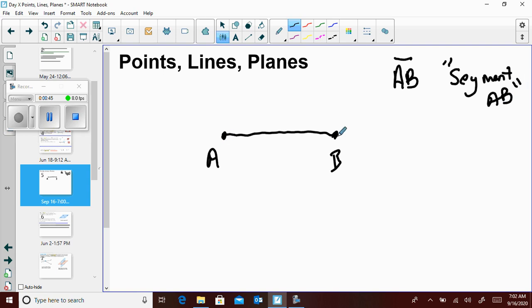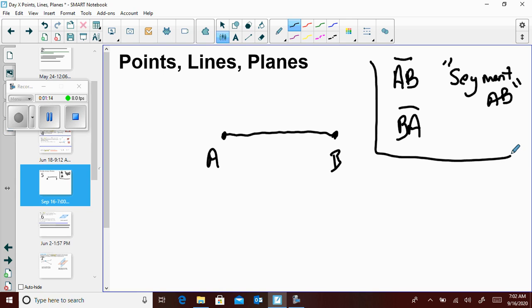Because it has two defined endpoints, A and B, the notation is AB using the two endpoints and then just a bar over top. It has a definite start point and end point. It starts at A, ends at B. Or it starts at B, ends at A. The order does not matter. You could also call it BA. Okay? That is how we name a segment that actually has a beginning and an end point.